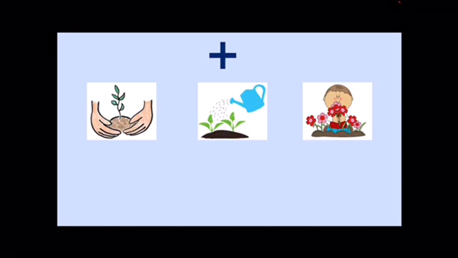Thinking about suffixes, we have 3 different sounds. Planted, watered, picked. Id, d, and t. And they are all written E-D.